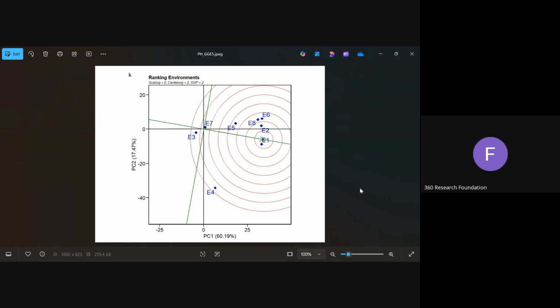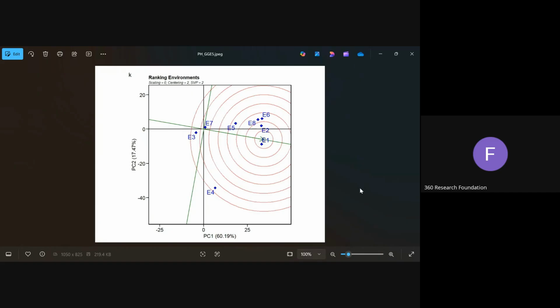In this you can see environment E1: superior and stable, high mean performance. So we need to interpret this. Concentric circles are there and environment E1 is closest to the center of the concentric circle, followed by E2, E6, E8.